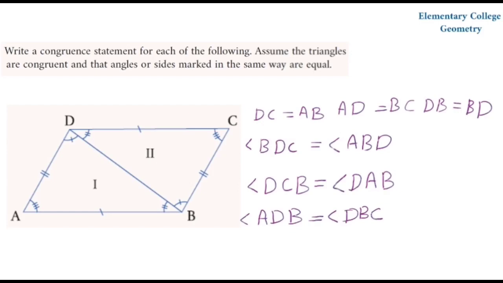So we can conclude that these two triangles are congruent. So the triangle of ADB is congruent with the triangle of DBC.